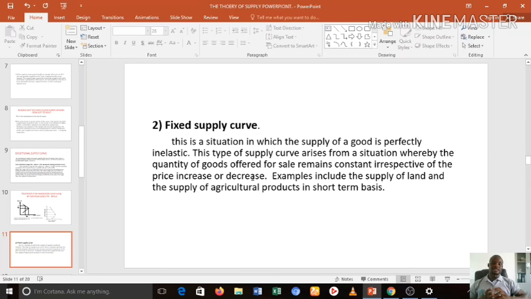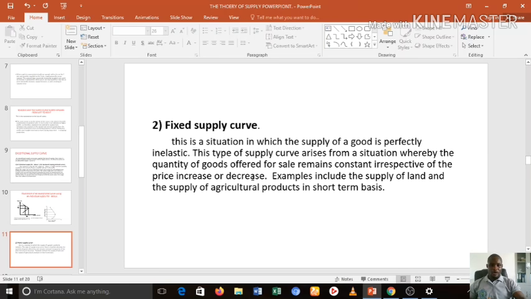Because the supply for the good is inelastic, meaning that inelastic simply means that what? No matter the price change, suppliers will still supply these goods in the market. So no matter the price changes, the suppliers must still supply this good. So the supply for this good is what? Constant, despite the price change.